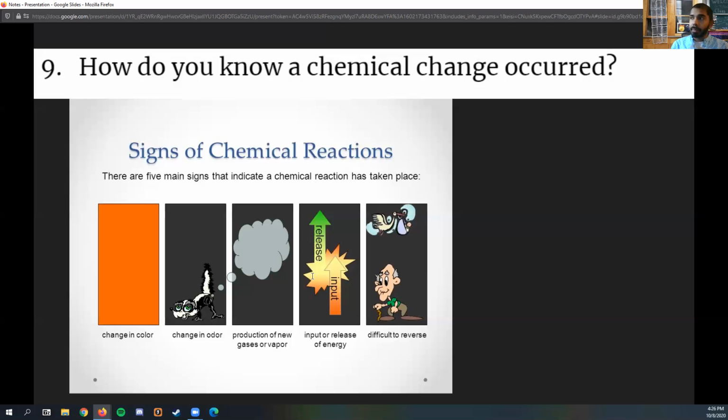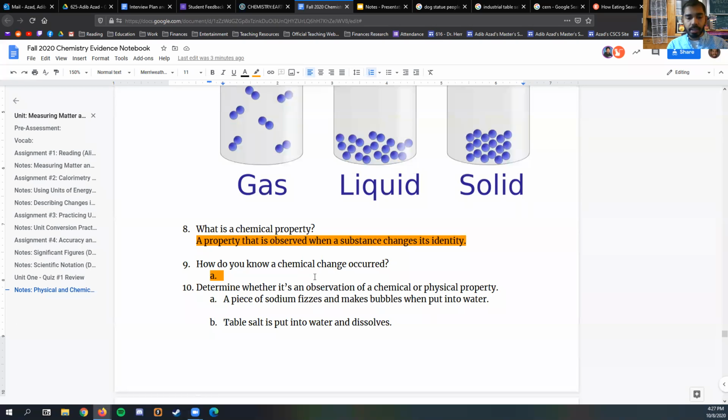And finally, chemical reactions are difficult to reverse. Not impossible. Never say impossible when it comes to science, but difficult to reverse, right? You'd be very hard pressed to uncook an egg or unblow up some dynamite. It's very hard to reverse a chemical reaction. And so let's go ahead and list these out.